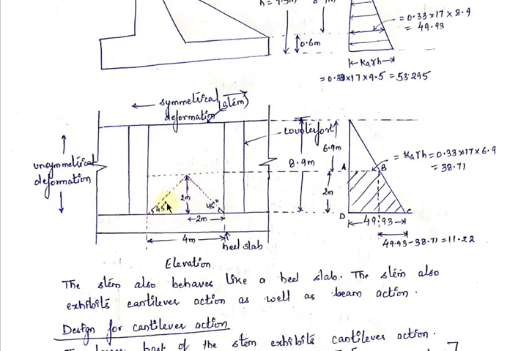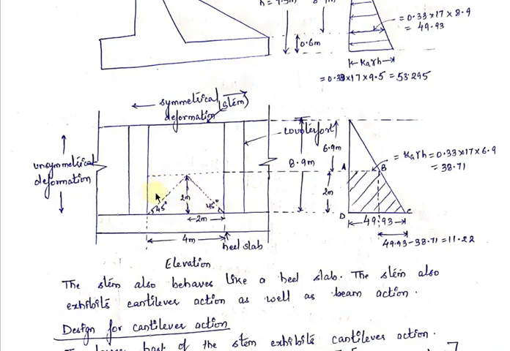Since this is an isosceles triangle, this height and this base will be 2 meters. Now the load coming on this strip of width 2 meters will contribute to the bending moment and shear force in the cantilever action.